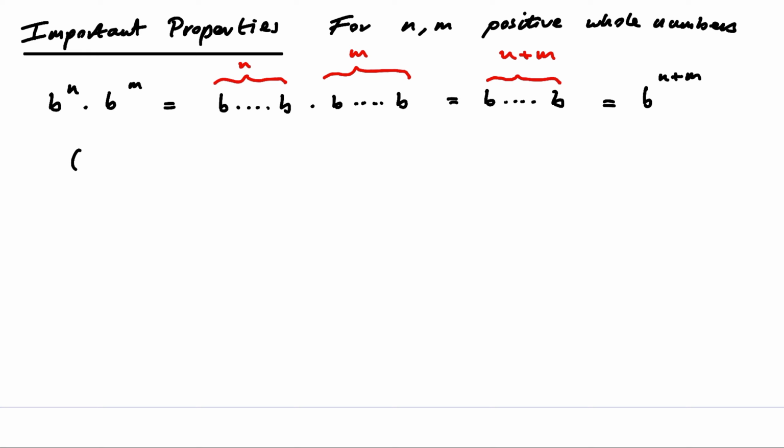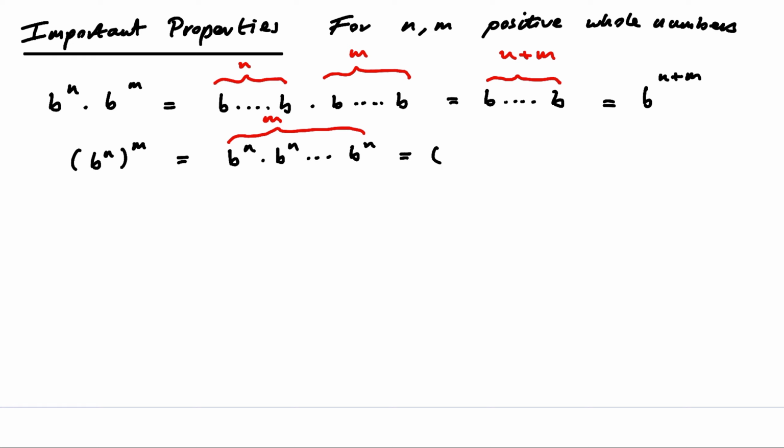Let's do another one. b to the n, to the power m. Okay, so what's this? Well, this would be b to the n multiplied by itself m times. It's a bit of a monster. So what's this? This is m of these guys. But now each of the b to the n, itself can split up.